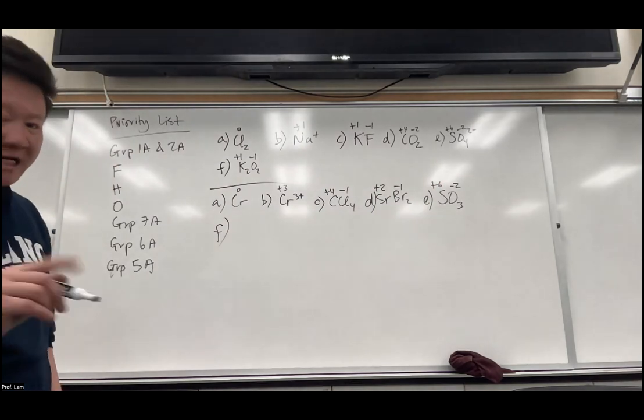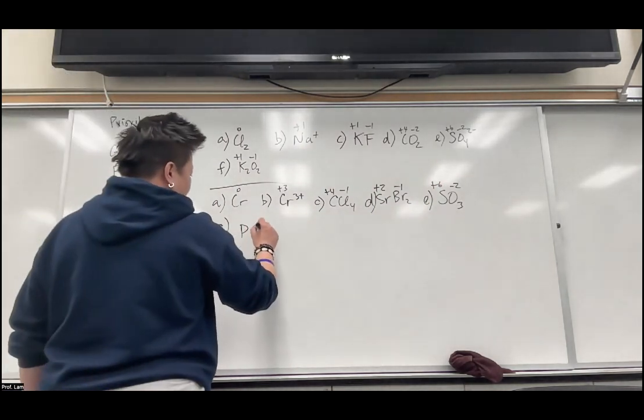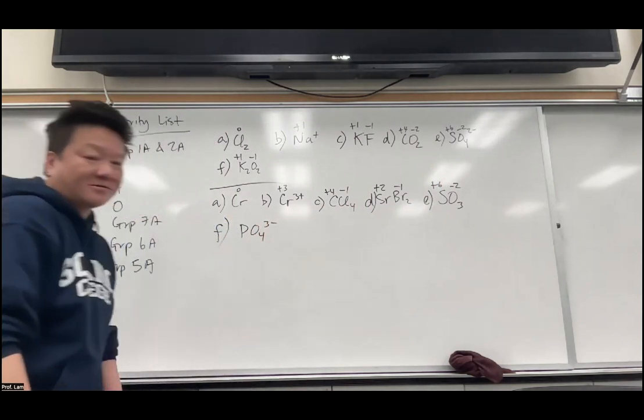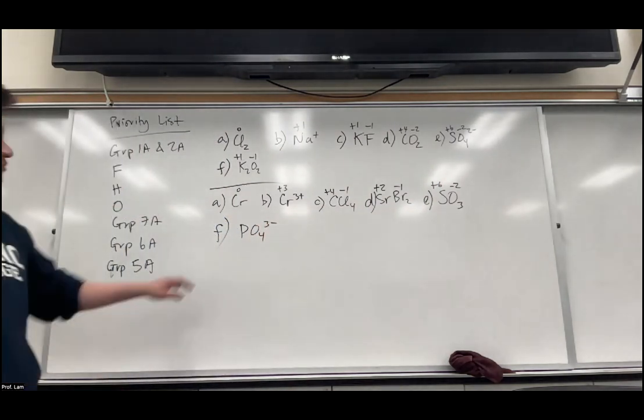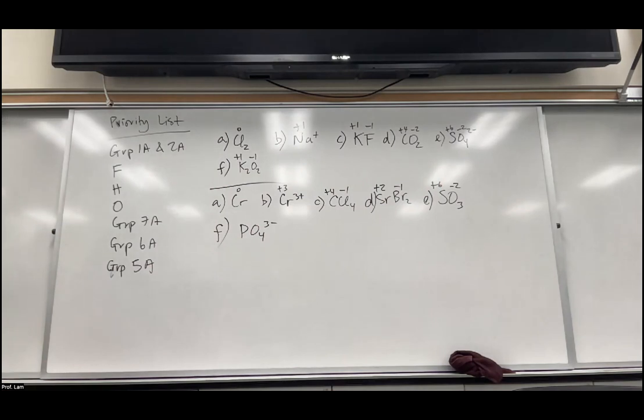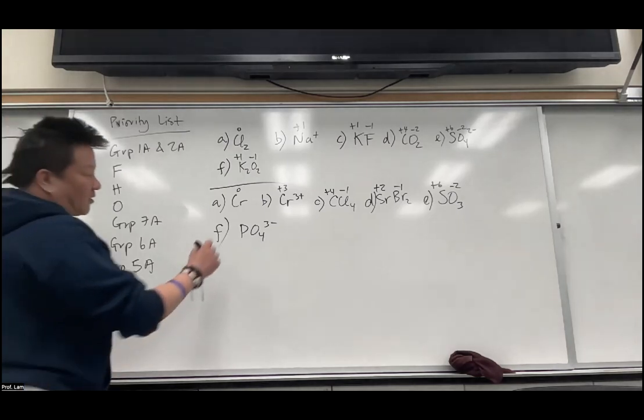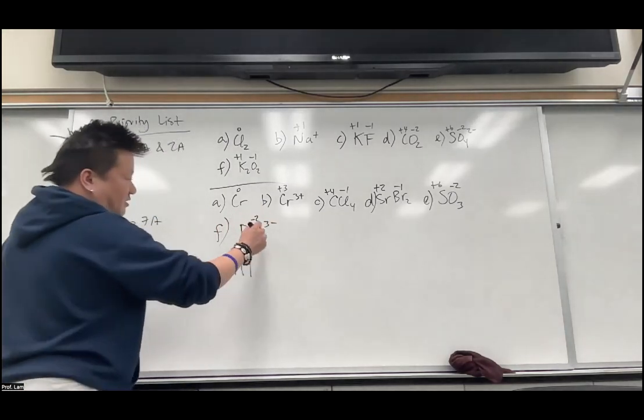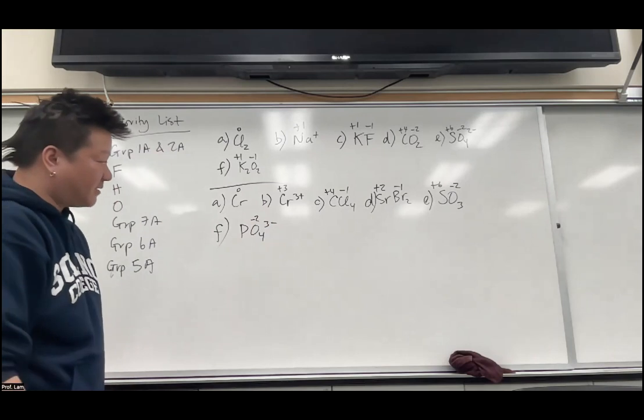F. Oh, we did nitrate already. Let's do something else. Let's do the phosphates. Okay. All right, between phosphorus and oxygen, guys, which one are we going to assign first? Looks like oxygen, right? Because phosphorus is in group 5A. So -2 for oxygen. -2 times 4 is -8.